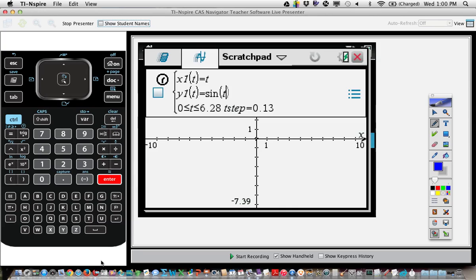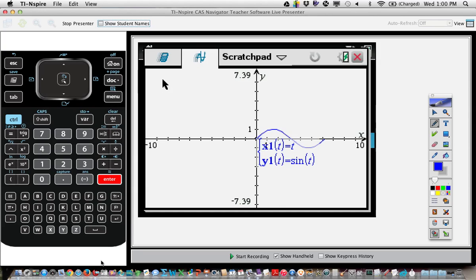Now, what's that look like? Sine graph. Anybody surprised by that? Why would this be the sine graph? The equation x equals t tells us those two are interchangeable, right? If x equals t, then those two are the same.